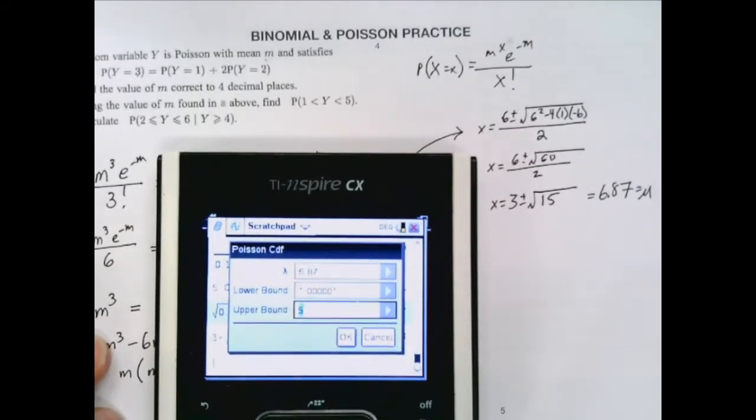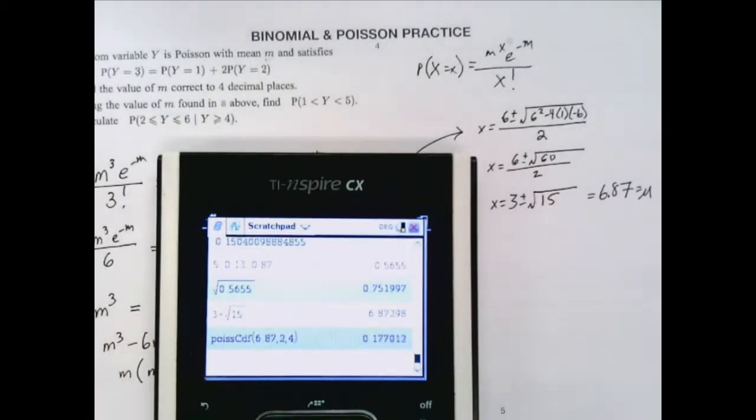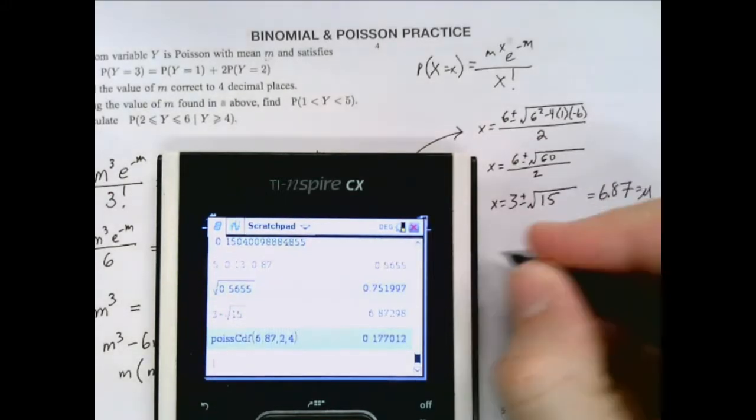It's the same thing, it doesn't matter. So I'm just going to go from 2 to 4. And then we say OK. And it gives us the probability that we are looking for. So that is the answer to part B: 0.177.